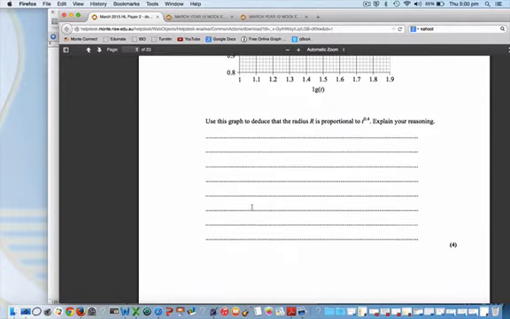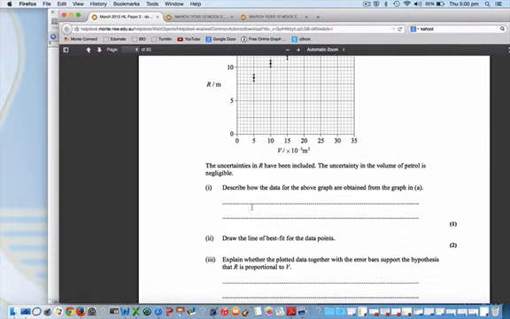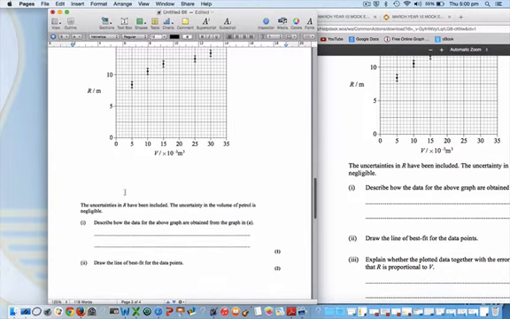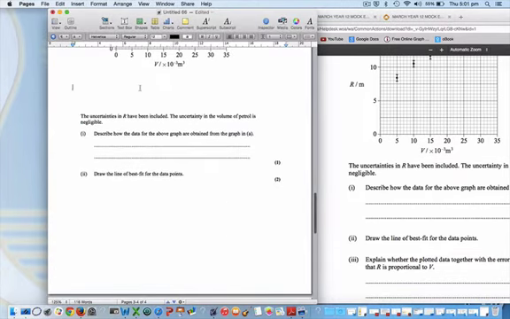Okay, so let's try and put that into natural language. I would probably say something to the effect of, how do we say that?